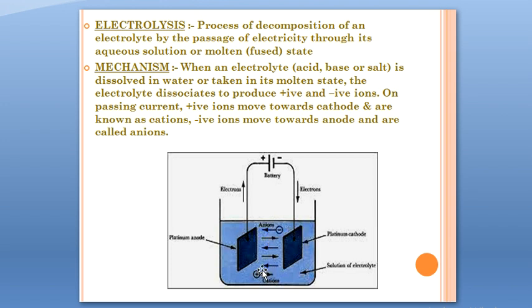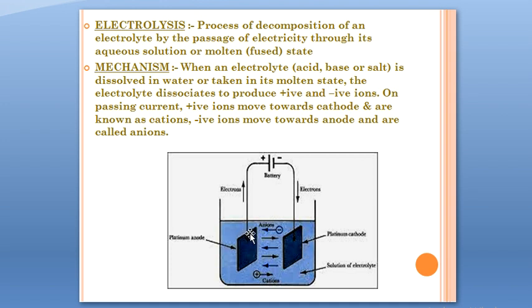If an ion is a cation, it is positively charged. ये कैसे convert होगा neutral atom में? It will have to gain electrons. So this cation which has moved towards the cathode, it will gain those electrons at cathode and get converted into a neutral atom. Gain of electrons is reduction.